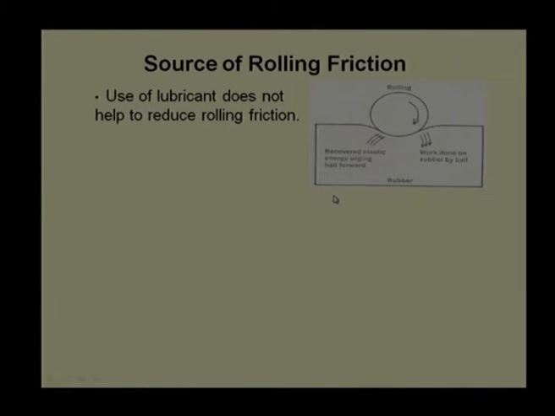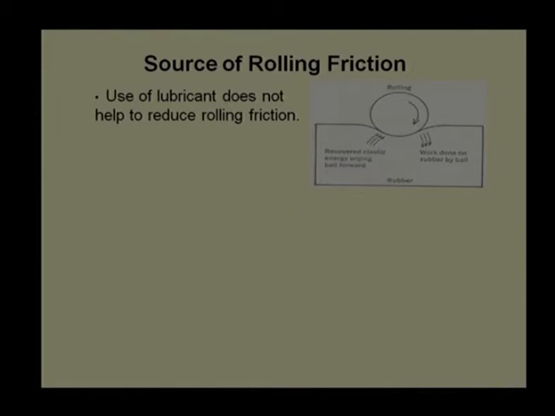To demonstrate that, there is a diagram which shows a roller rolling in the clockwise direction. When it starts rolling, what happens to the material is that it goes under some pressure, and if this is a rubber material, then there will be excessive deformation of the surface. Now, the surface is not straight, it is going under deformation, which means point contact is getting converted to area contact, or line contact is getting converted to area contact.